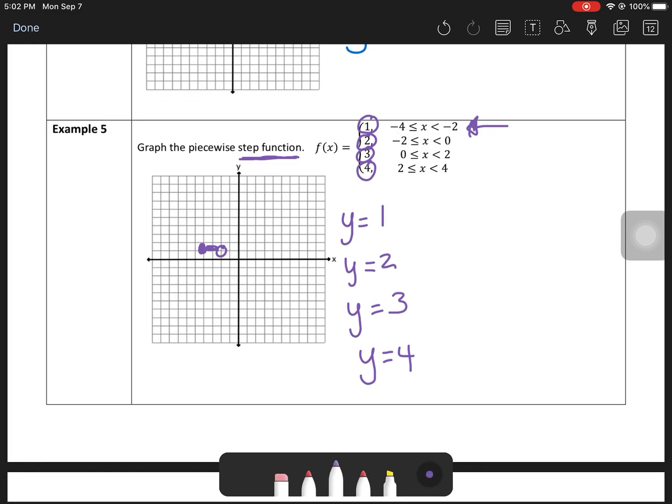In the next example, our y value is at 2, which is along here. This time we have a solid filled in circle at negative 2, and then we have an open circle at 0. And then we will shade in between the two of those values because our x is right in between the two of them.